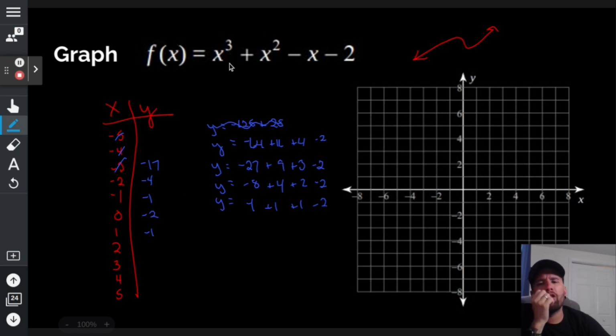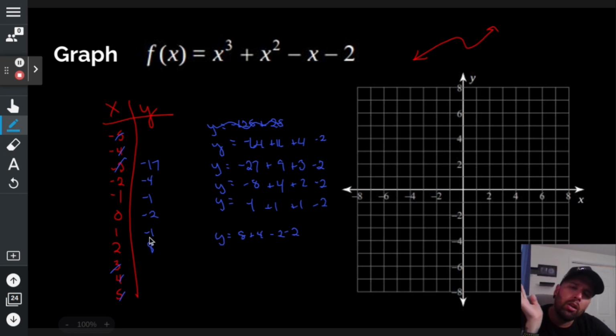If I plug in 2, I get 8 plus 4 minus 2 minus 2, which is 8. If I plug in 3, I get 27 plus 9 minus 3 minus 2. The numbers get huge. So these are no good, no good, no good. Numbers are just going to be too big. So these are really the only points that I have going for me, all 6 of them.